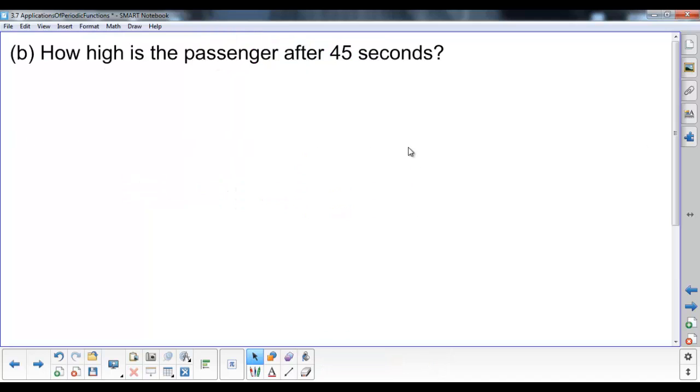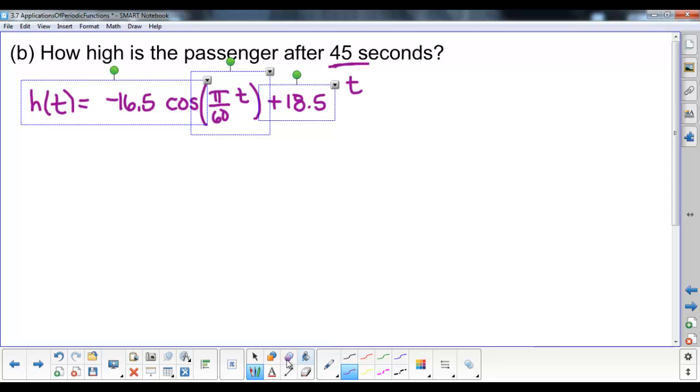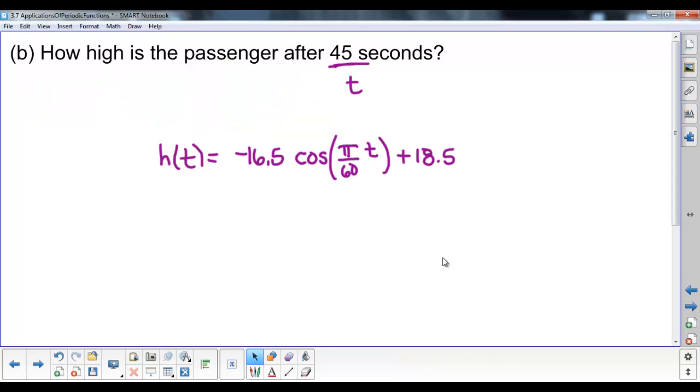So part B says, how high is the passenger after 45 seconds? So basically what we're given here is a value for our time. So let's take our function from the last page, and essentially all we're doing is subbing in our value for t. So we want to find the height after 45 seconds.